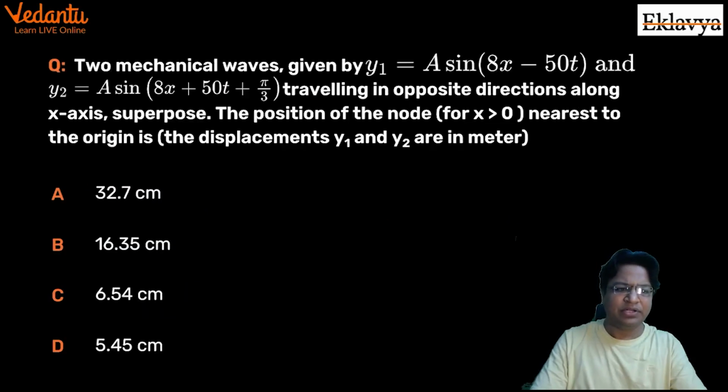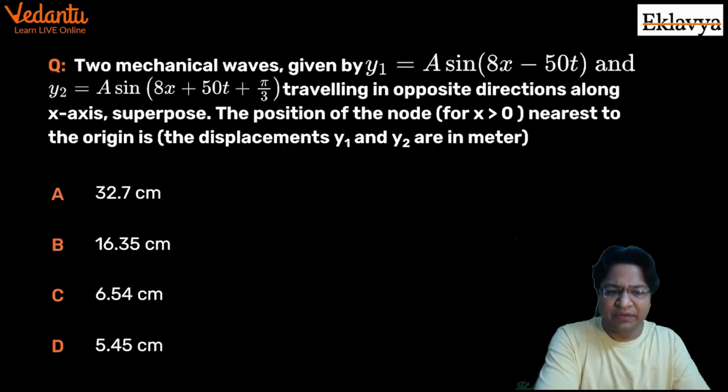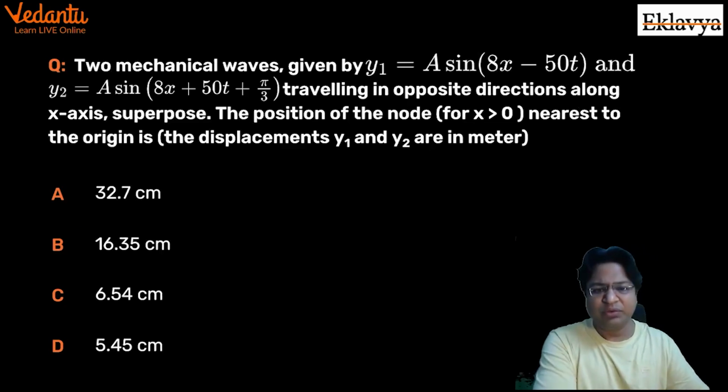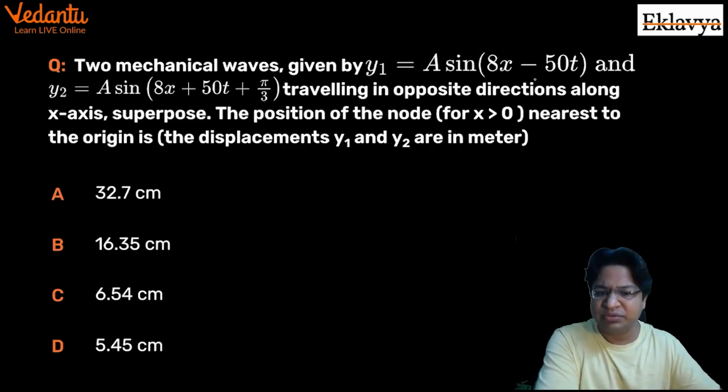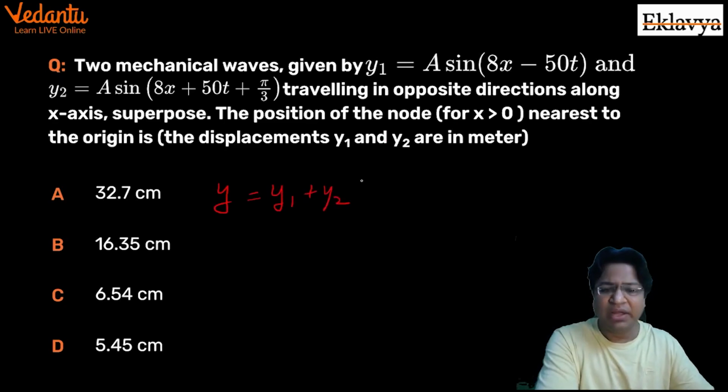And the next question is this: two mechanical waves are given by two equations, and we can see that these are the equations of two waves which are traveling in opposite directions. We have to tell the position of the node. So how to do that? The equation of the resultant wave is given by adding the equations of the superposing waves.